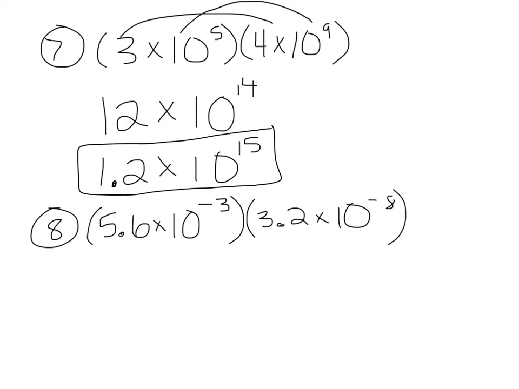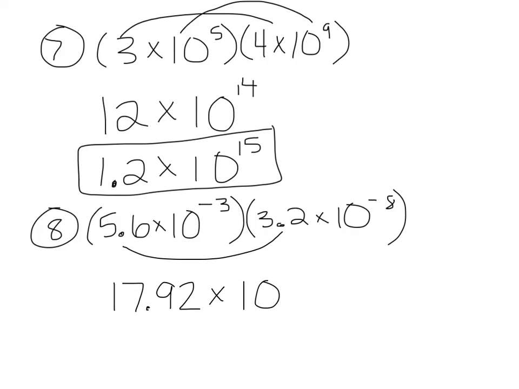The reason why we did that last step is because 12 is not between 1 and 10, so we have to change it. In number 8 now, same concept. You're going to take 5.6 times 3.2, and you're going to get 17.92, and then you're going to add your exponents to get 10 to the negative 11th. 17.92 is not between 1 and 10, so you have to change it to 1.792.